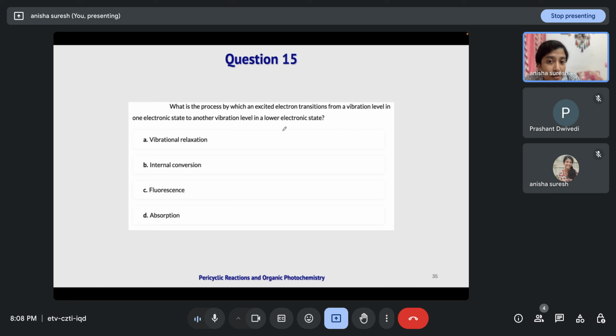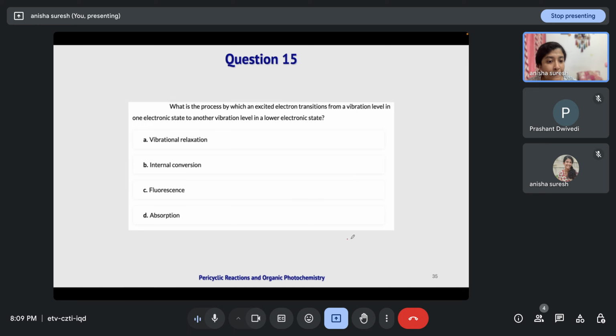What is the process by which an excited electron transitions from a vibrational level in one electronic state to another vibrational level in a lower electronic state: vibrational relaxation, internal conversion, fluorescence, or absorption?